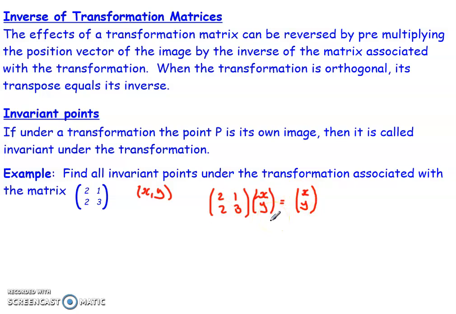So what we need to do is multiply through the matrix by this point. What I'll end up getting is 2x plus y, and 2x plus 3y.